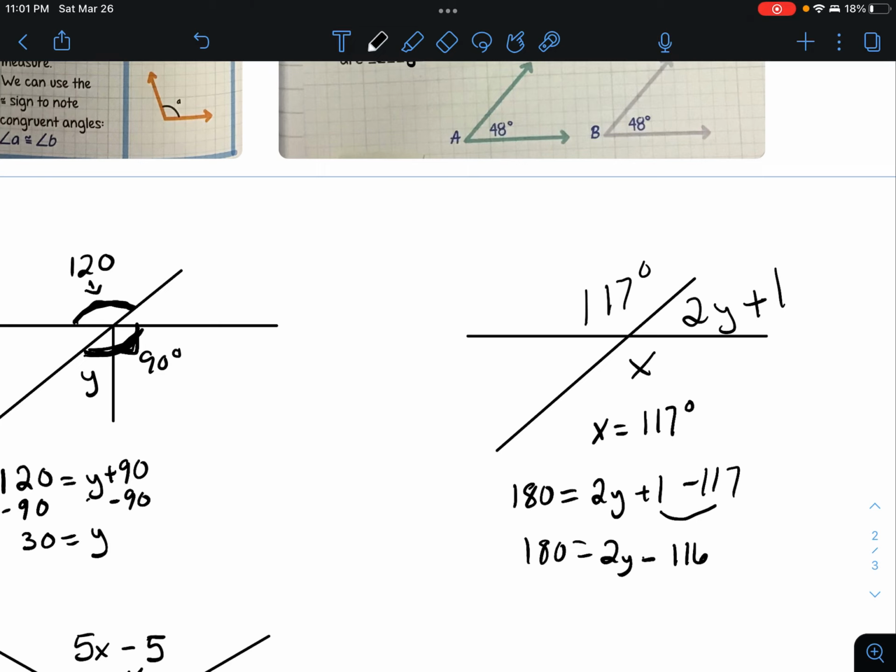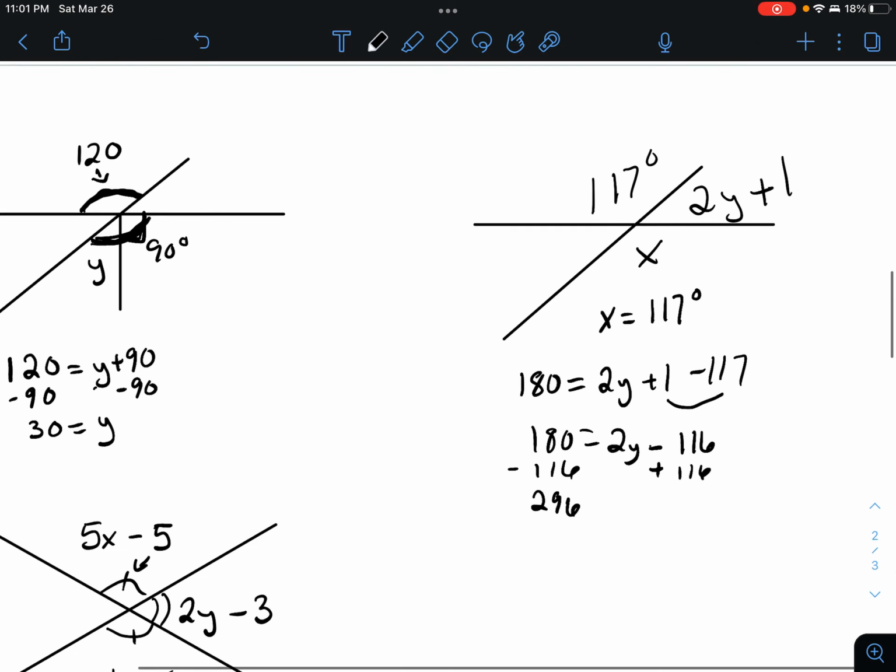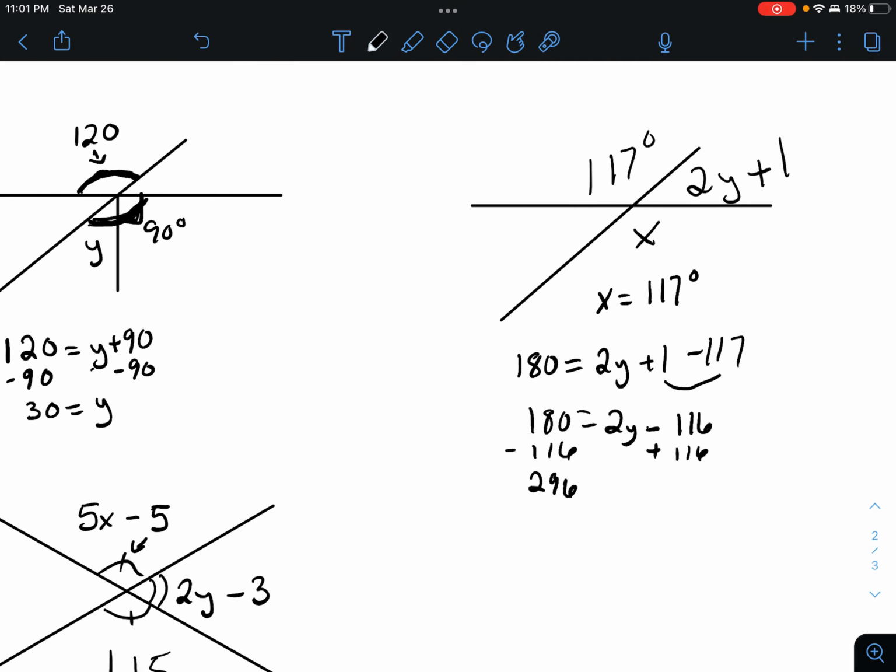Now we have a two-step equation. You're just going to add the 116 to both sides. This is going to give me 296, and that is going to be equal to 2y.